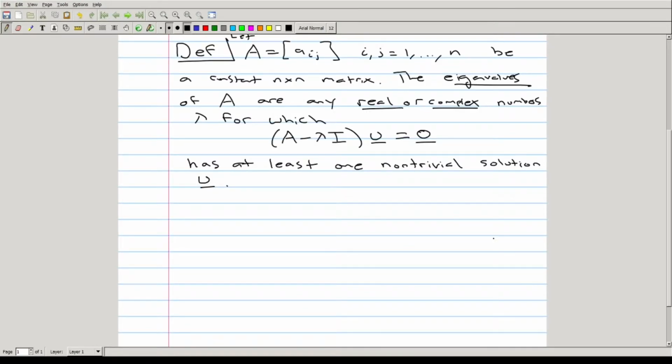And in general, we will have multiple eigenvalues, and for a given eigenvalue lambda, we call the corresponding solution u the eigenvector associated with lambda.